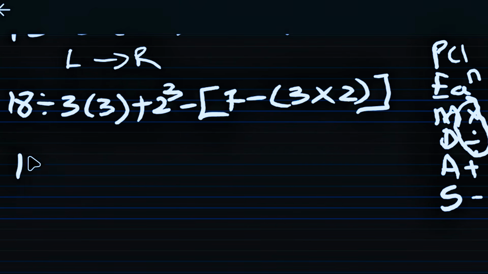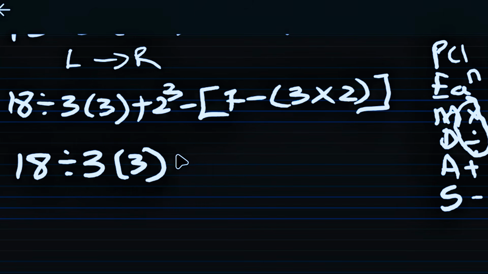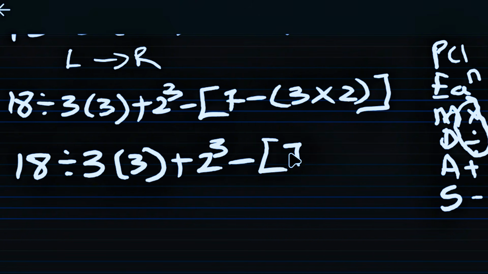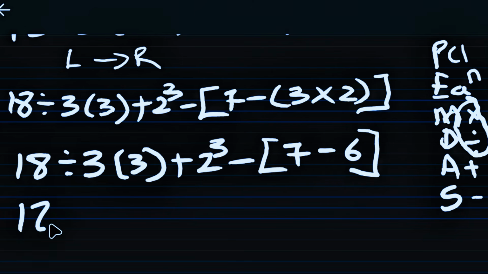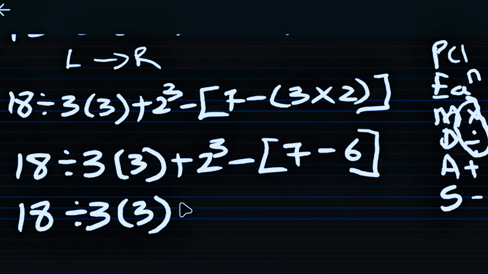So we have 18 divided by 3 multiplied by 3, then plus 2 cube, minus, open square bracket, 7 minus 3 multiplied by 2 equals 6. We'll now attend to the square bracket. So we have 18 divided by 3, then multiply by 3, plus 2 cube, minus 7 minus 6 equals 1.